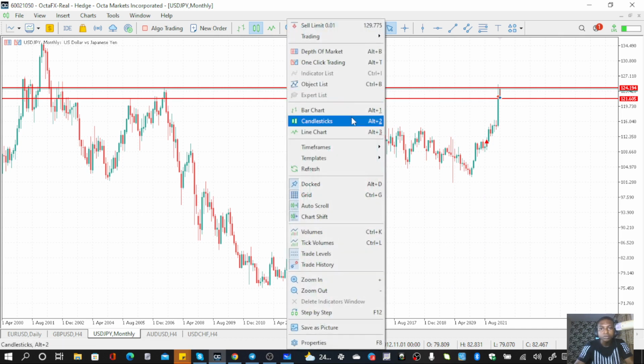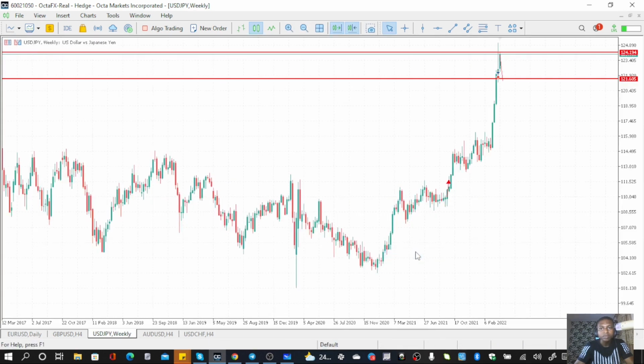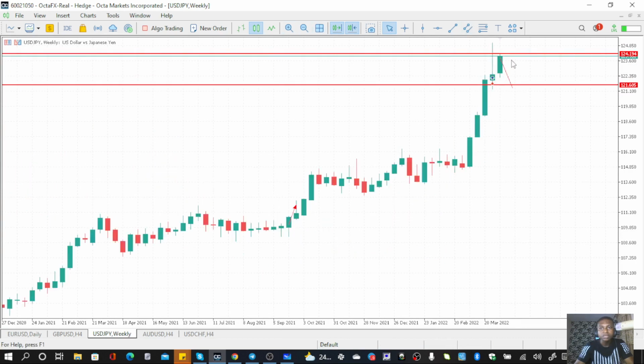Okay, let's go to the weekly time frame. All right, good. So you see something happening here. Now, on the weekly time frame, last week there was some sort of rejection on the weekly candle, which formed like a bearish pin bar.